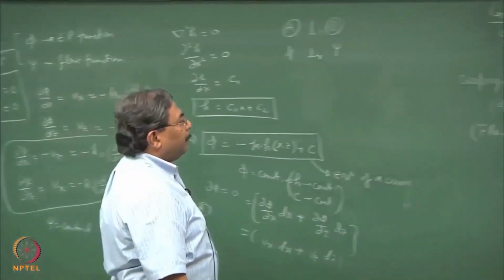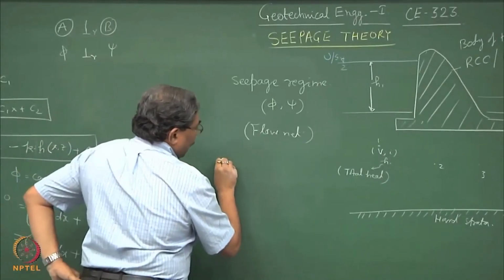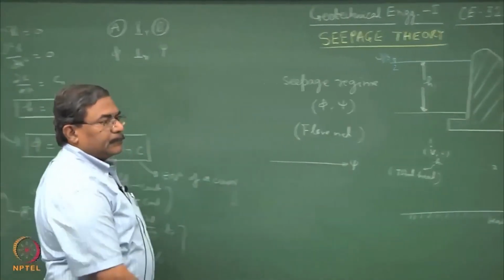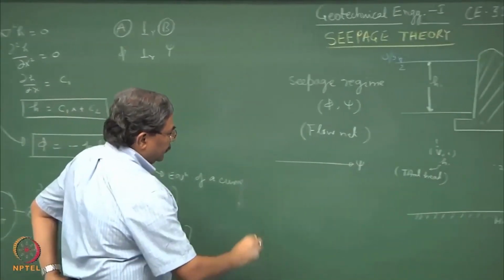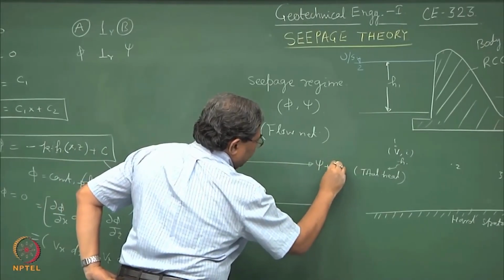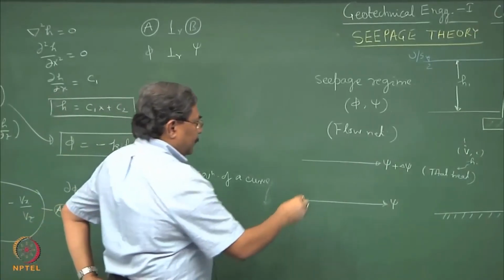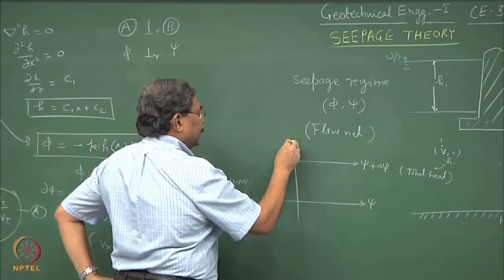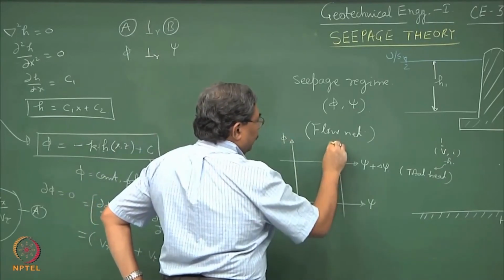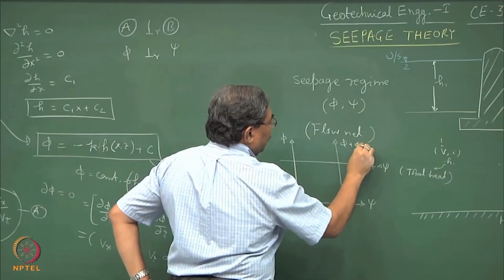That means, if I maintain this condition and if I define this as a psi function, which is the flow function, this could be phi plus delta phi, psi, and this is an equipotential function which is phi, and another function here I can take as delta phi.